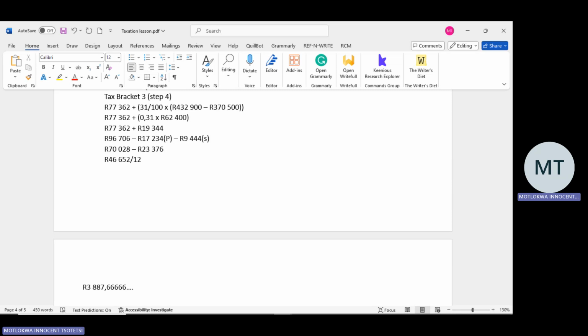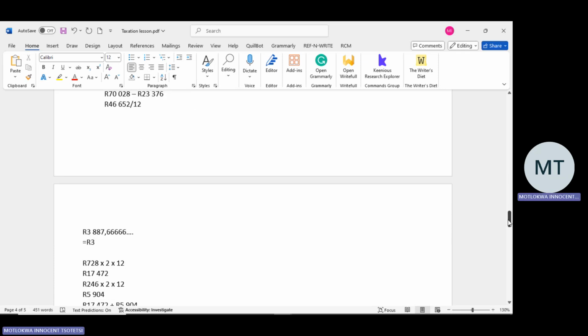Okay, so we are going to apply the rounding method. So the amount is going to be approximately 3,887, comma, we are going to round to the nearest 2 decimal places, because remember, money has 2 decimal places after a comma.